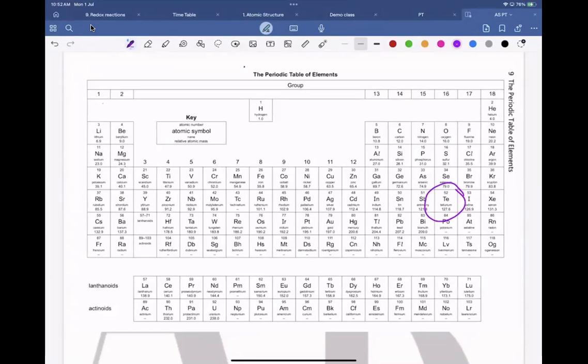The shortcut way is to count 1, 2, 3, 4, 5. It's in the fifth row. So it's 5. It is P block, right? P1, P2, P3, P4. So here tellurium is going to end at 5p4.